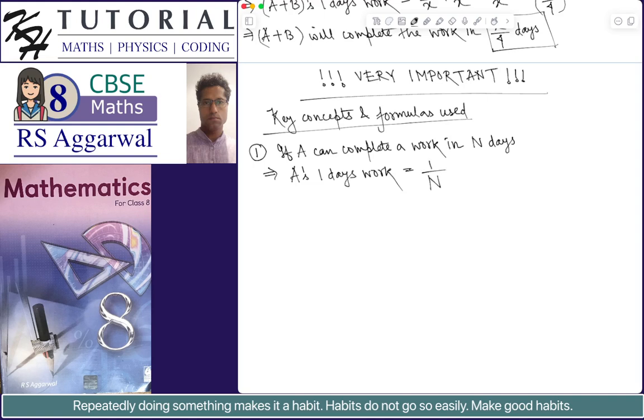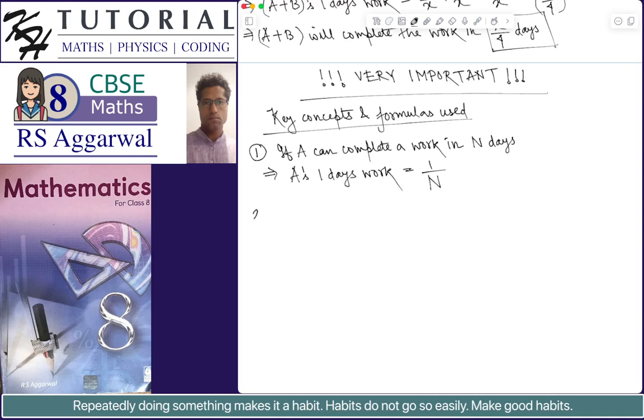So this is the first general rule of solving problems on time and work. So if A can complete a work, complete a work means a whole work, in n days, then the amount of work done in 1 day, which in short is written as A's 1 day's work, will be equal to 1 by n.